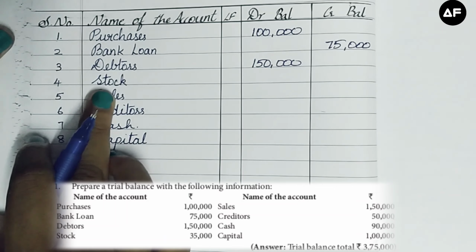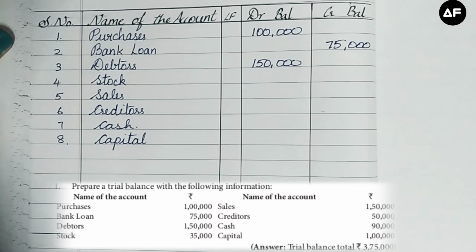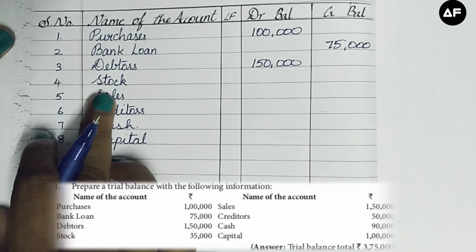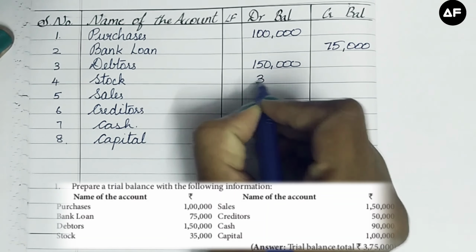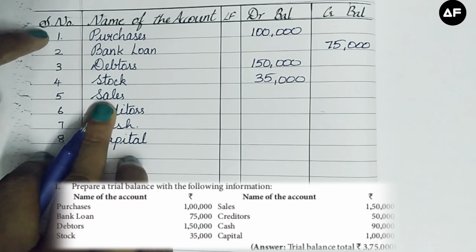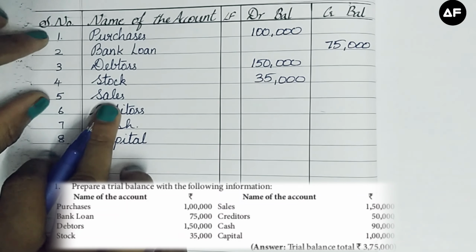Next is stock. Stock means the goods, the value of the goods which we have in a warehouse. That is an asset, a property for us. Therefore, 35,000 is debited. Next, sales. When purchase is debit, therefore sales is credit.